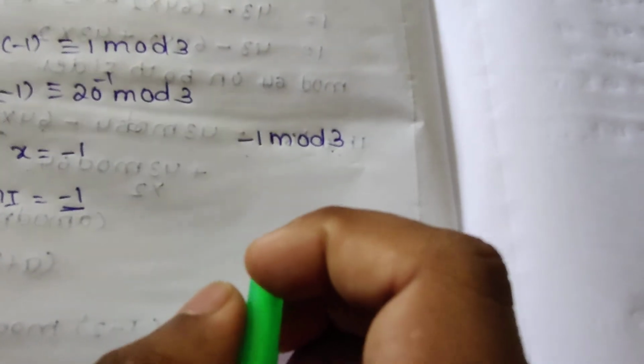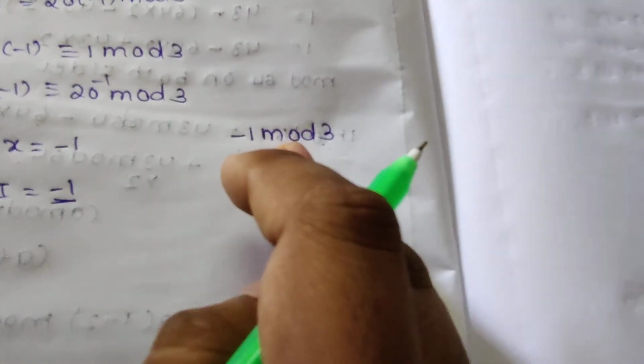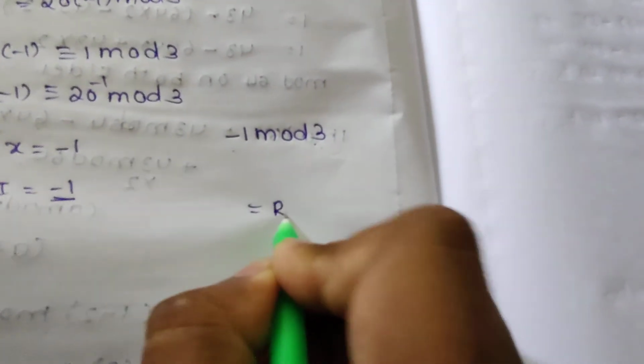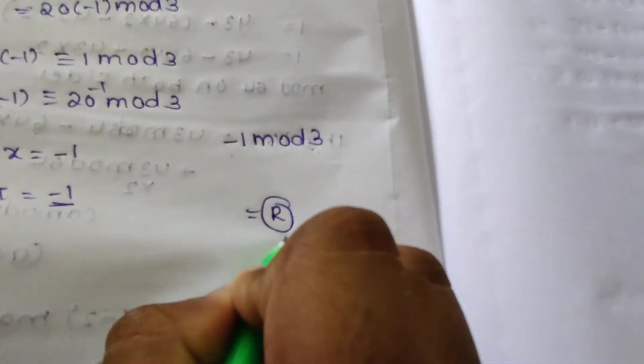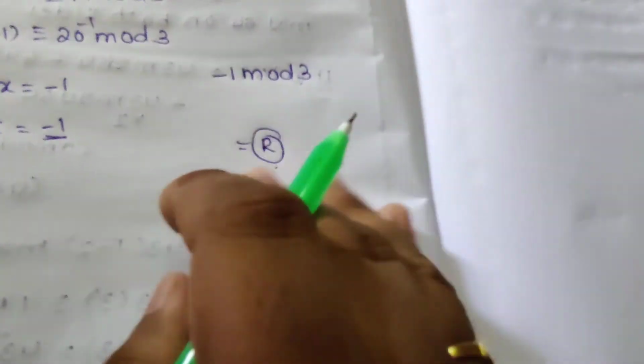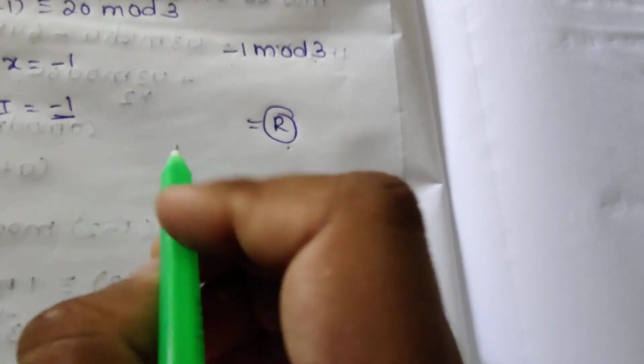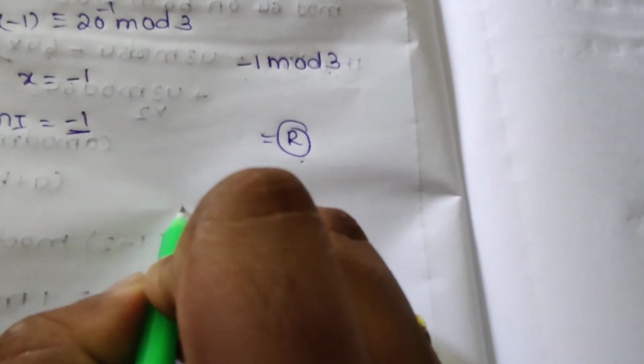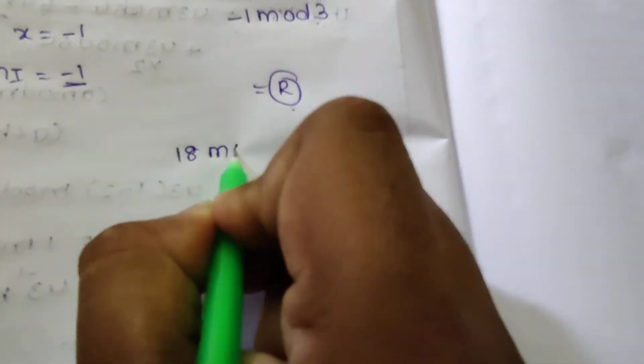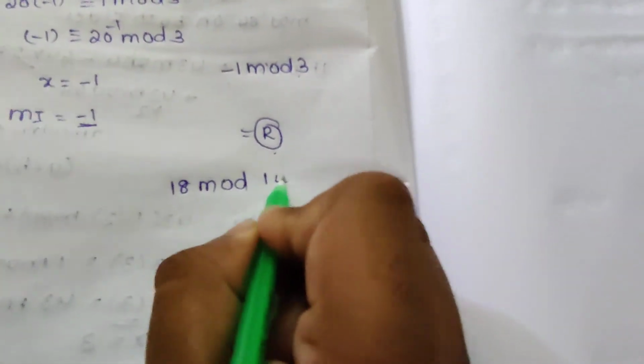Normally, finding mod means the final result will be the remainder. Normal mod value, how will you calculate that? Suppose we want to find 18 mod 14.